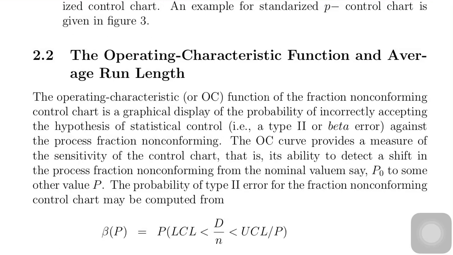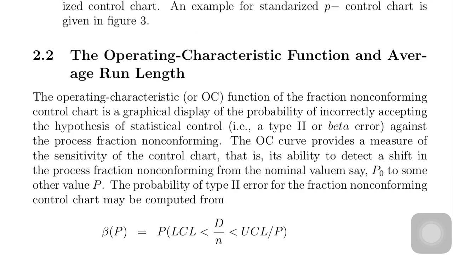For the X bar chart, we have already derived the OC function and how the OC curve can be drawn. Similarly, the average run lengths are also defined and derived for the X bar chart.